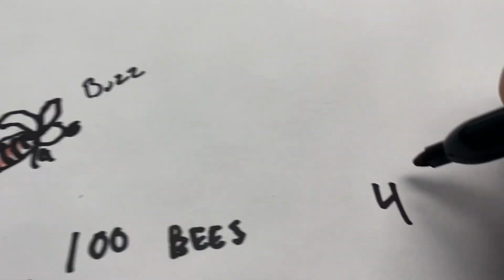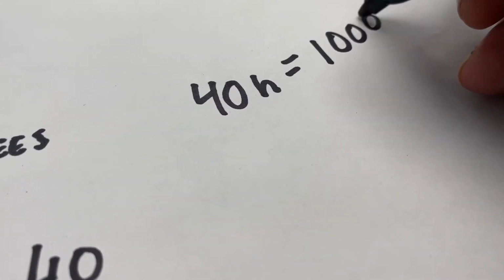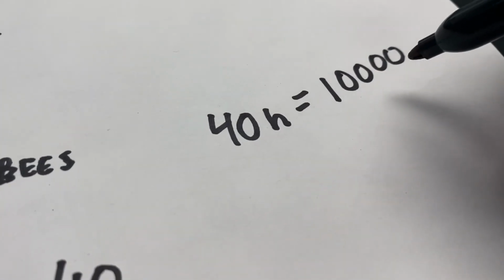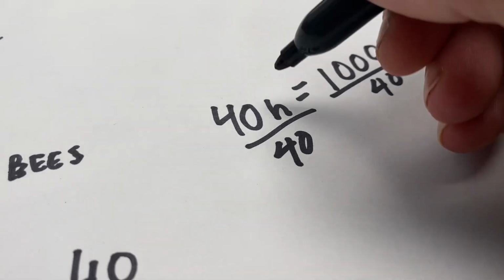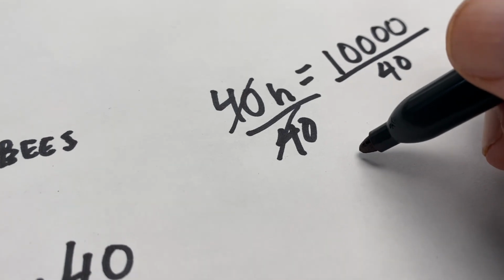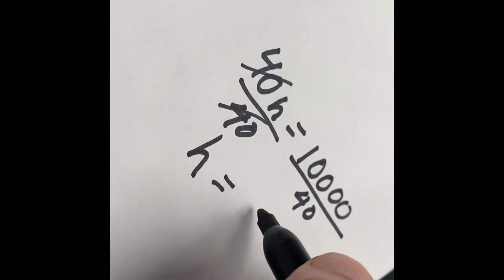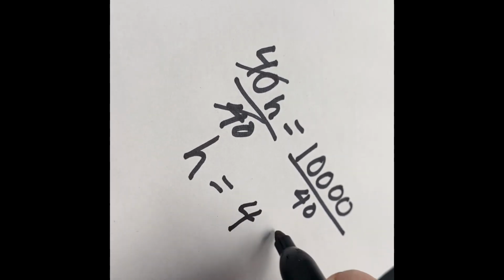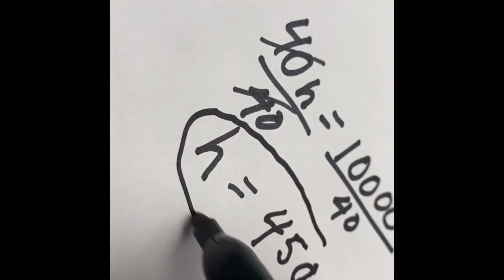So 40 times the number in the hive equals 100 times 100, which is what? 10,000. Divide both sides by 40. Let's bust out the old calculator. This will give us a number of 250 bees. That's the total in the hive using mark and recapture.